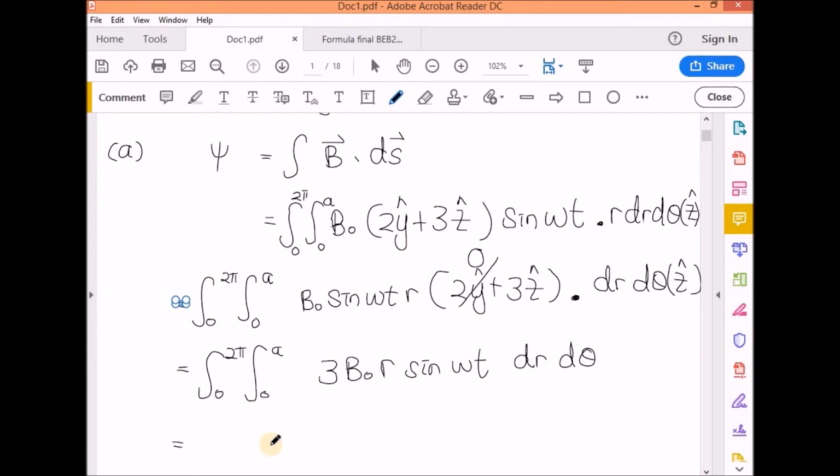Can you solve it first without looking at my solution?